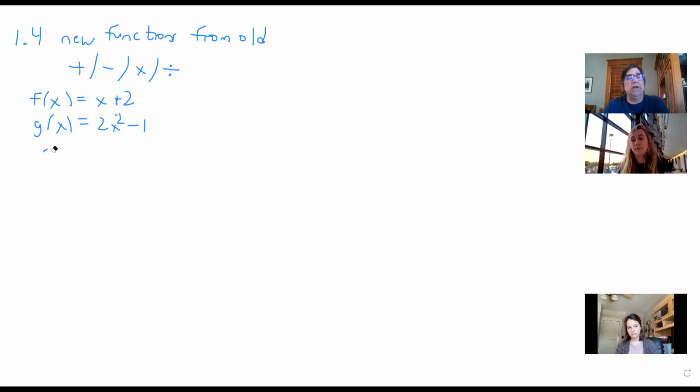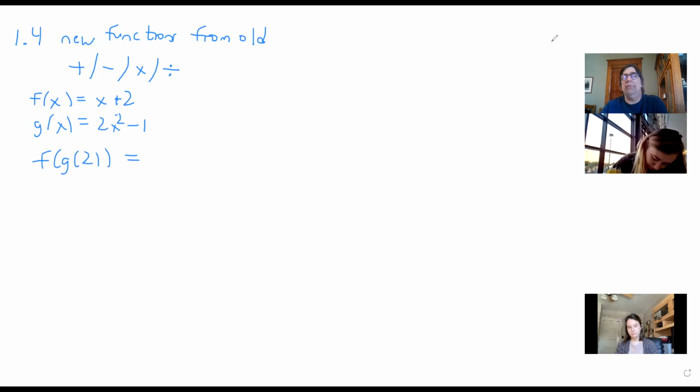So the first thing we're going to do here is see if you understand the function notation. This is read as f of g of 2. What does that mean? We're actually doing two different calculations here.